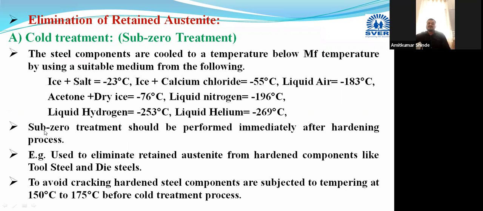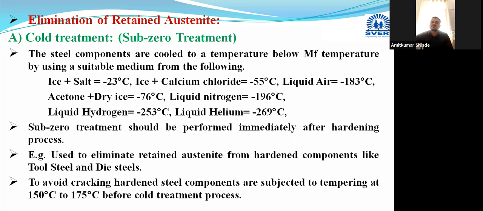Now, the sub-zero treatment should be performed immediately after the hardening process. If you are able to do it as fast as possible, then it is effective. Because if you give time after the hardening process, that austenite will get stabilized very fast and it will remain as it is.